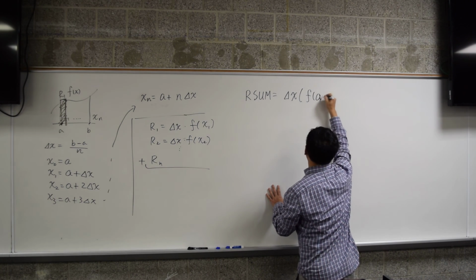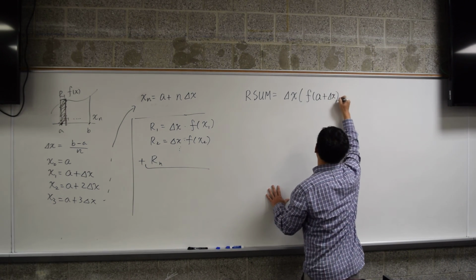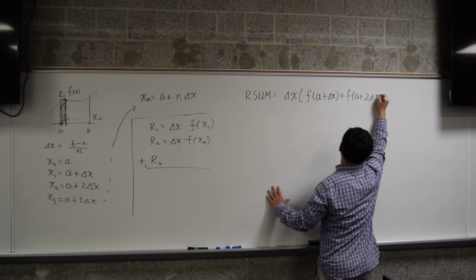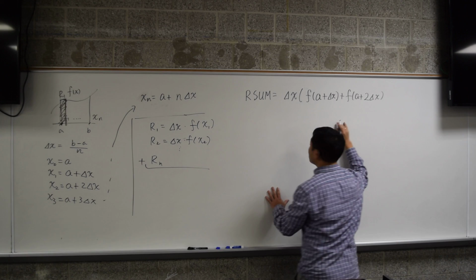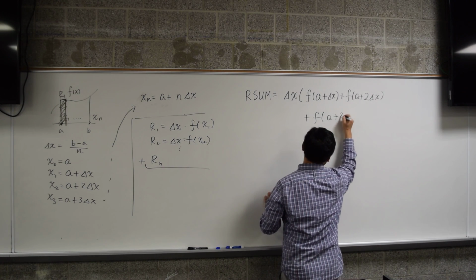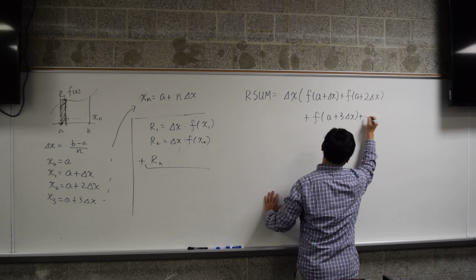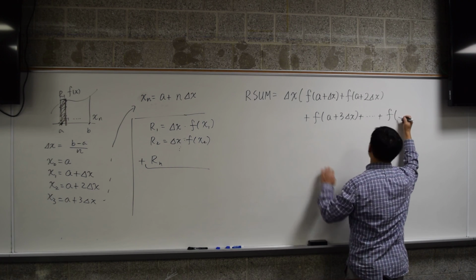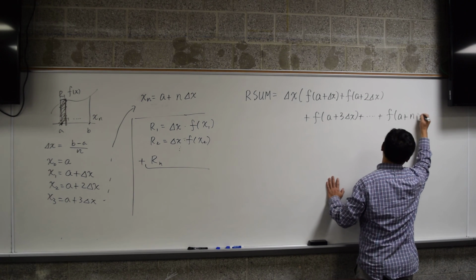No, a plus delta x. A plus delta x, plus f of a plus 2 delta x, because that's x2, plus f of a plus 3 delta x, and all the way until you reach the last one, which is a plus n delta x.